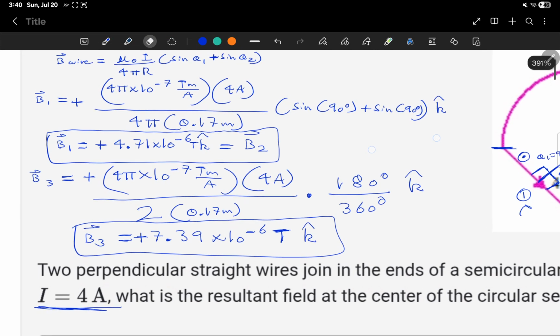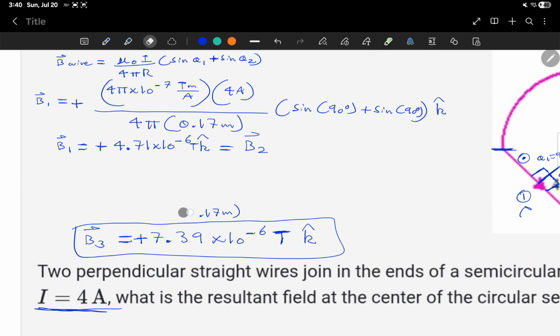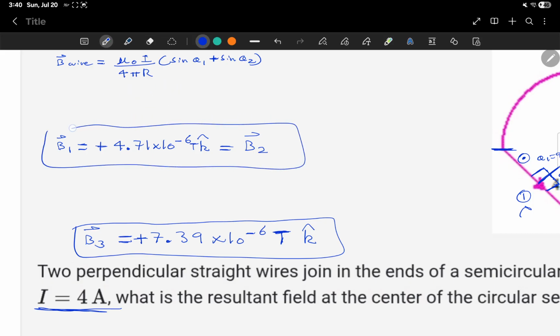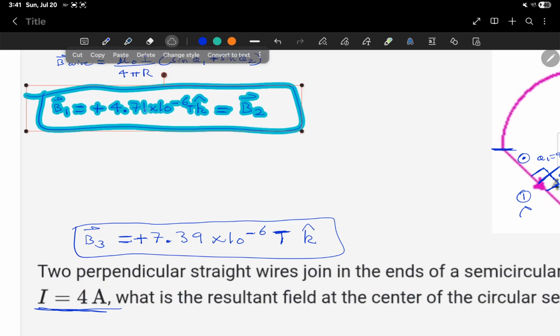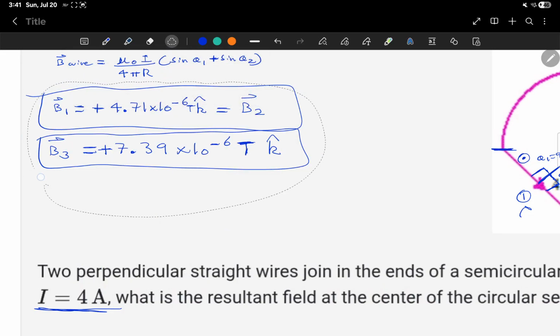Now I'm going to erase some of these calculations to make it easier for me, and I'll make these smaller too.